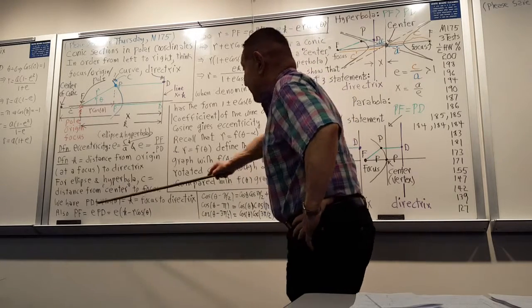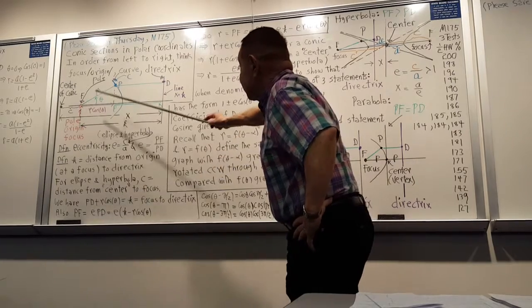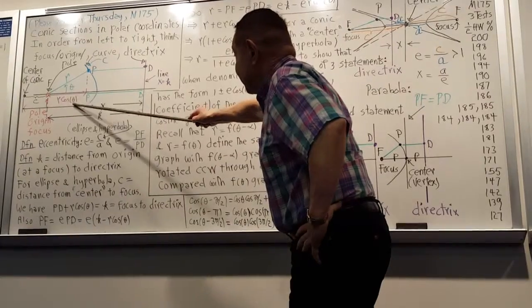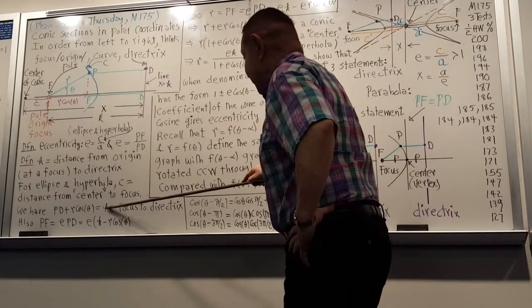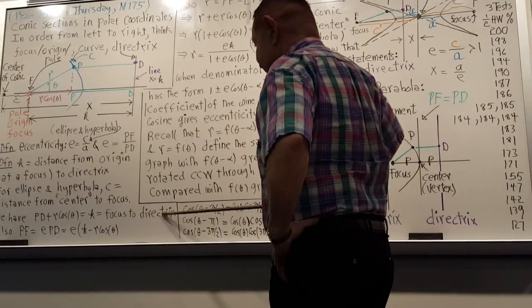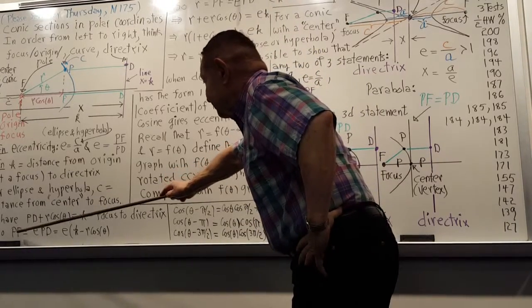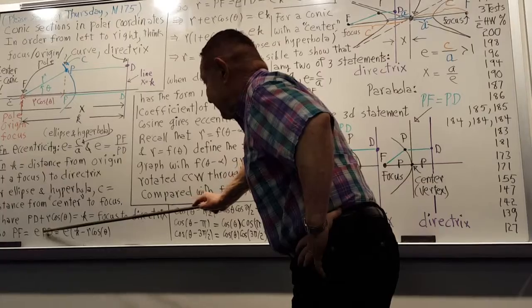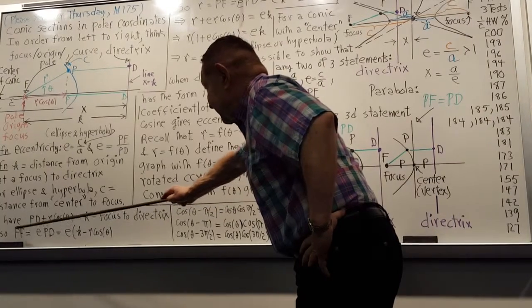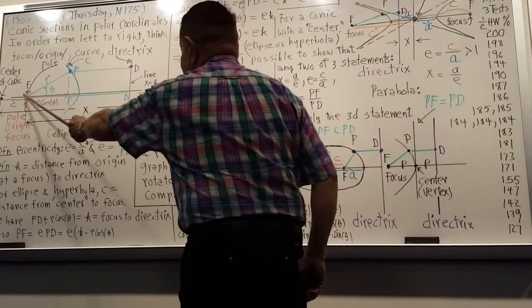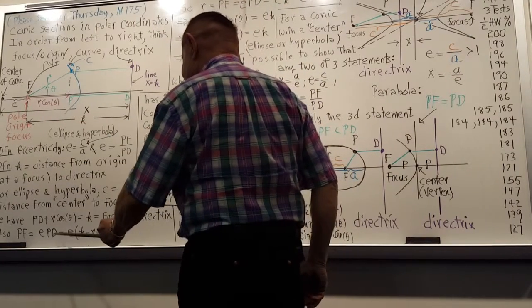So what we have down here is that PD plus r cosine theta is K, this focus to directrix distance, but also E times PD is PF, which in turn is r.